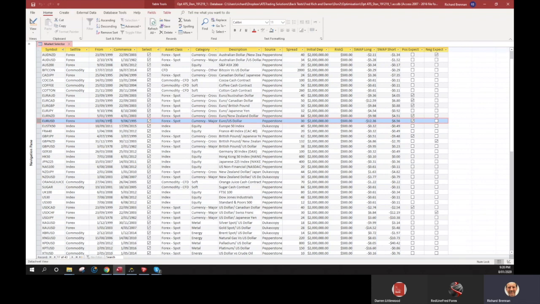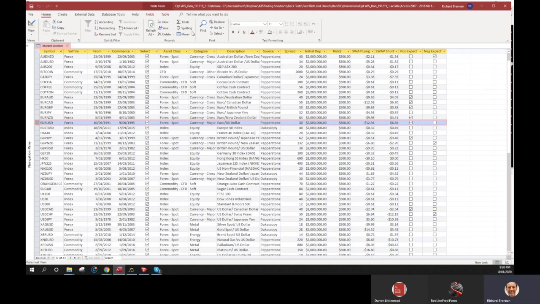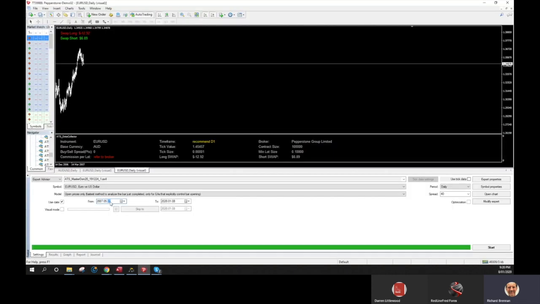Once again, we add 4 years to that, so we can actually test from 9th of the 6th, 1995, going forward to current day. So I'm now going to set that date to 9th of the 6th, 1995.